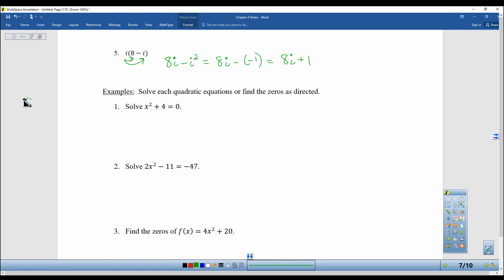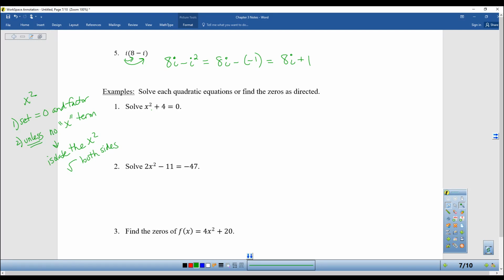So if you have an x squared, your top choice should be to set it equal to 0 and factor. Unless there's one exception, there's no x term. If there's no x term, then you can just isolate the x squared and square root both sides. And that's what I'm going to do for this one.